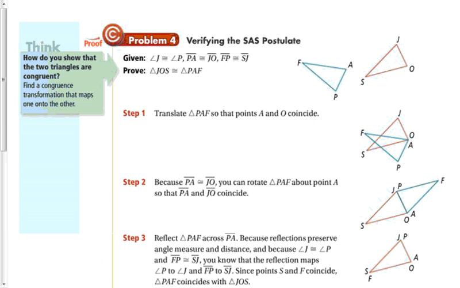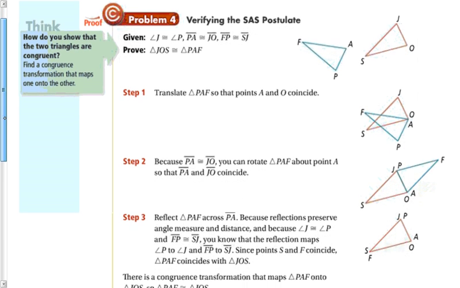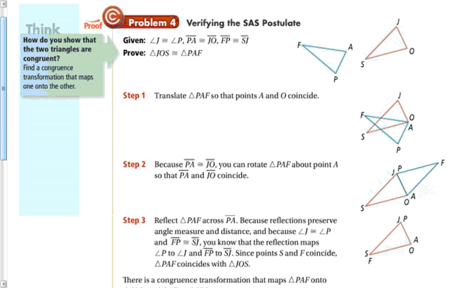Okay, now the second part is proving things congruent, and this is a very loose way of proving congruence because we're really just saying what we would do to prove it congruent. So here's an example I'd like to show you. Remember, if figures can be placed on top of each other by a composition of isometries, then they are congruent.